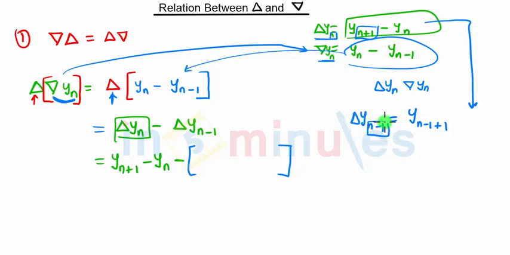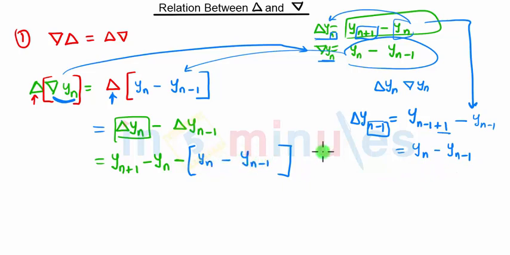Here we have n minus 1, so we are going to add plus 1, minus y of n minus 1. So this is nothing but y of n minus y of n minus 1. So delta of y of n minus 1 is nothing but y of n minus y of n minus 1.